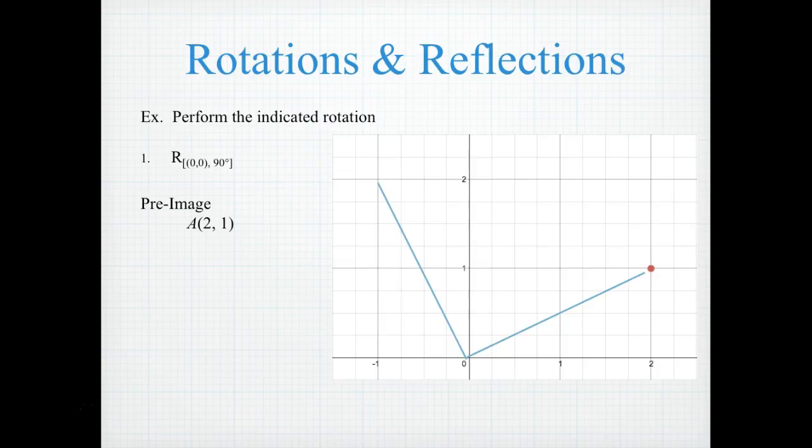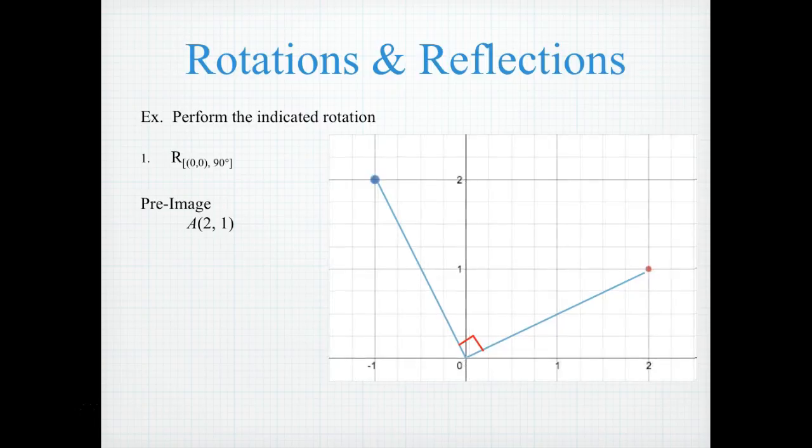From there we create a 90-degree angle and draw a line of the exact same distance. Where that line segment ends is the image, and that image has the coordinate -1, 2.